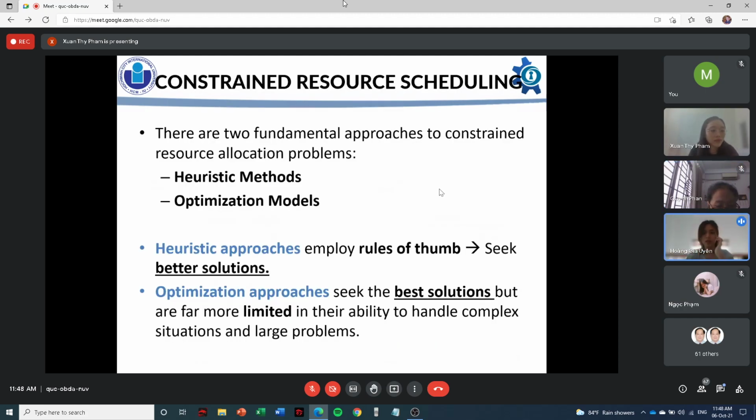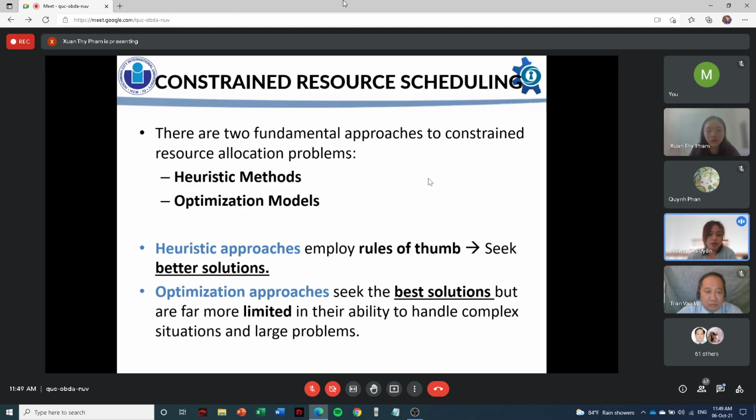So thank you, and now I'm going to continue with the constraint resource scheduling. So this type of resource scheduling is a solution to project managers' failure to include resource availability in risk identification activities.